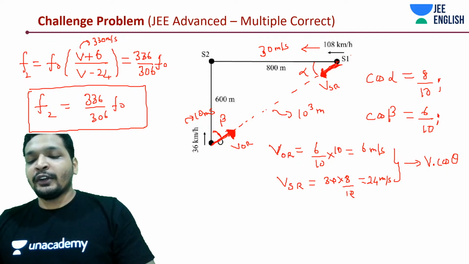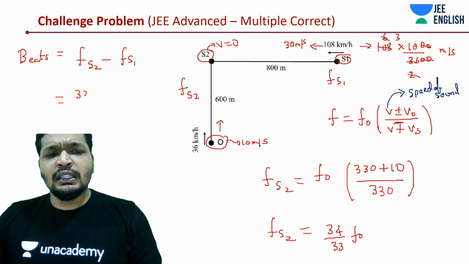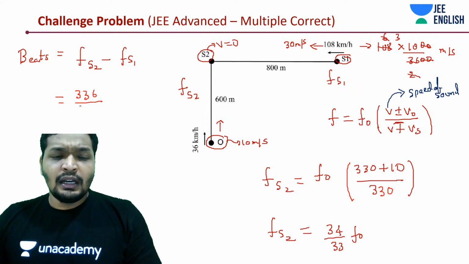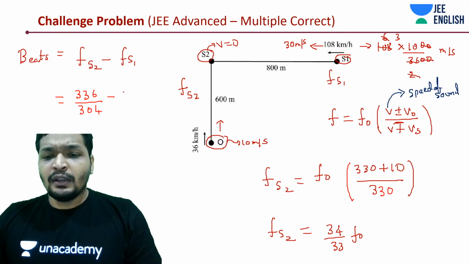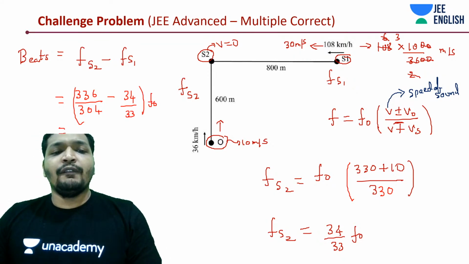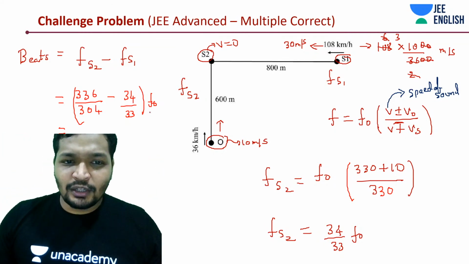It's going to be 8.12. If you solve this thing, which is basically 336 divided by 306 minus 34 by 33 into F0, which is how much? Something would come up, I don't know the value.